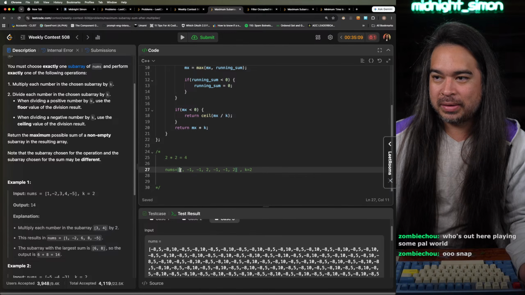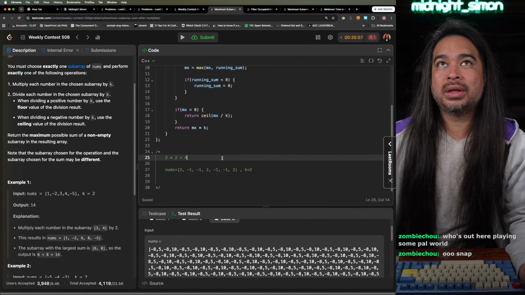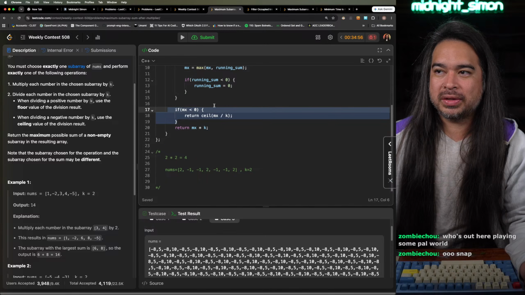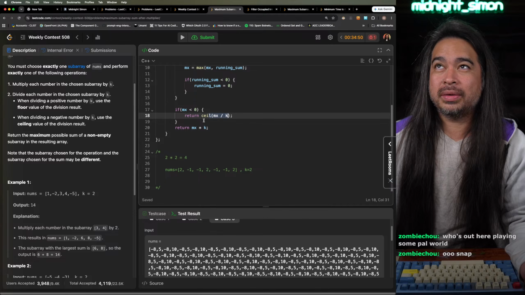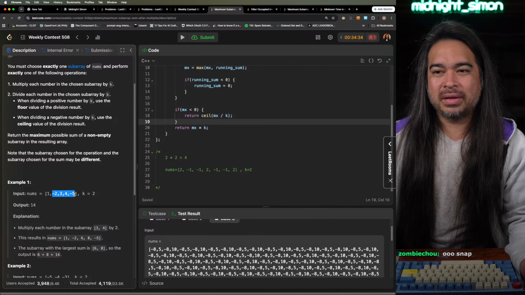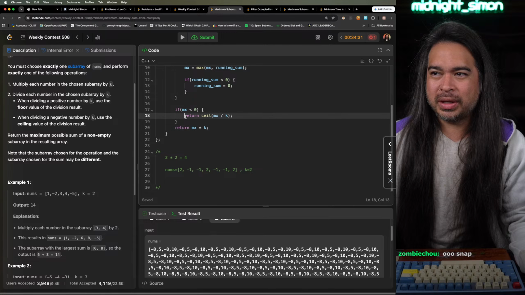Alright, so if I added this whole subarray up, it's 2. So it's either Kadane's times k, or the smallest number divided by k ceiling, or the largest, the minimum subarray, and I just run that whole thing divided by k.